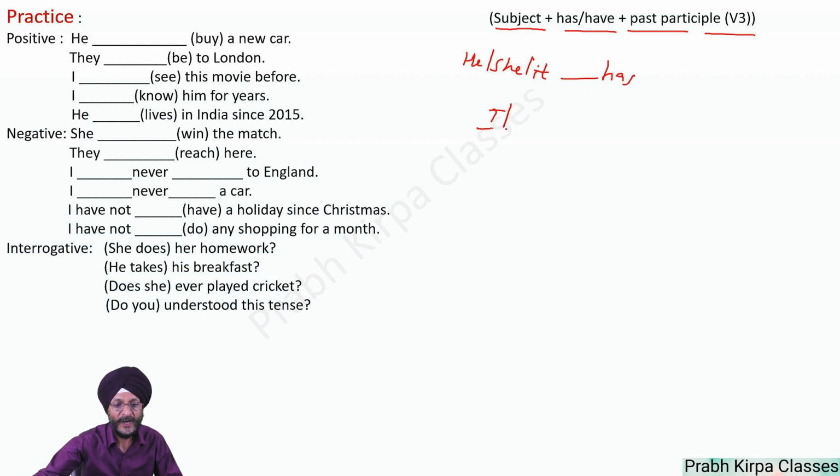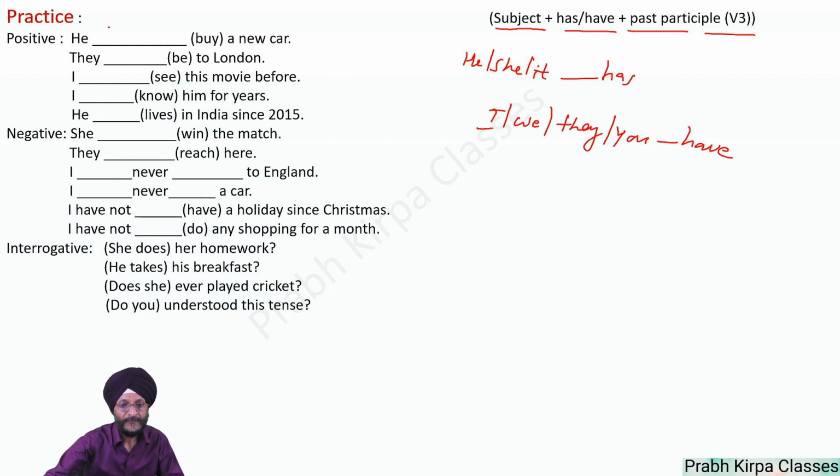In the case of I, we, they, you, we use have. And then we use the past participle, and that is the third form of the verb. He, we will use has. Third form of buy, bought. He has bought a new car.